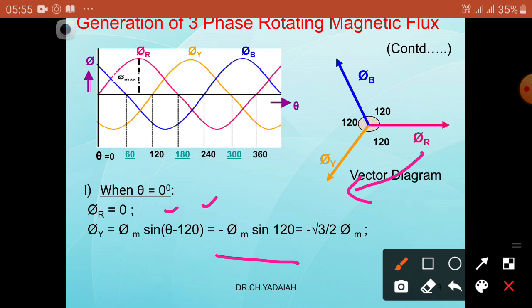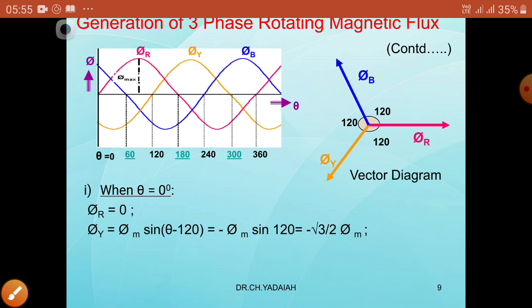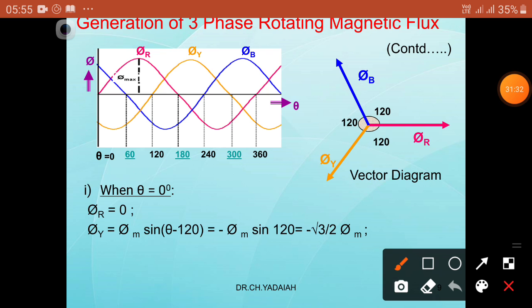Now you can observe in the phasor diagram that at the 0 instant, the y phase is at this condition. What is the magnitude? That is root 3 by 2, which means not the maximum value, not 1.